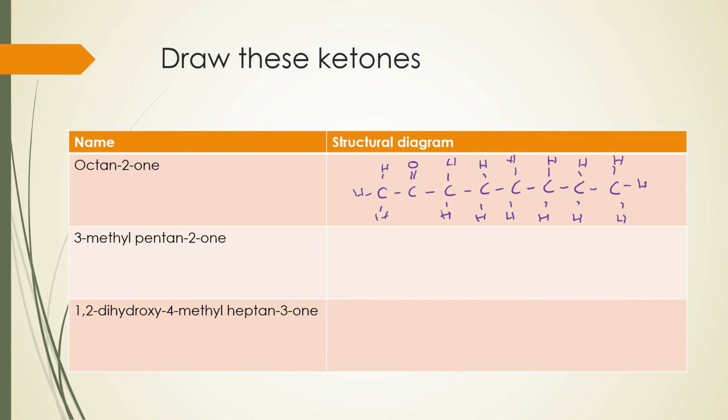Next one, pentan-2-one. 1, 2, 3-methyl. Now complete carbons bonding by putting in hydrogen so that each carbon has 4 bonds.